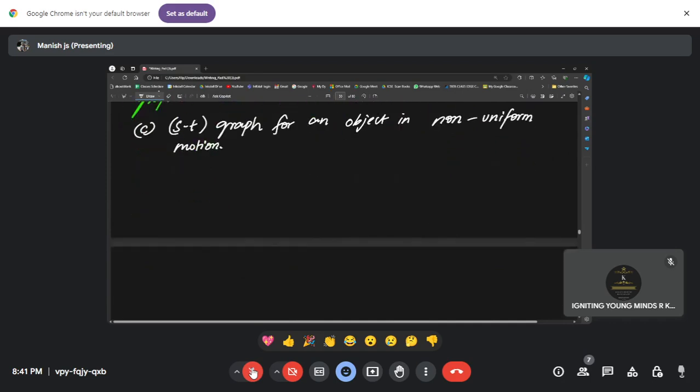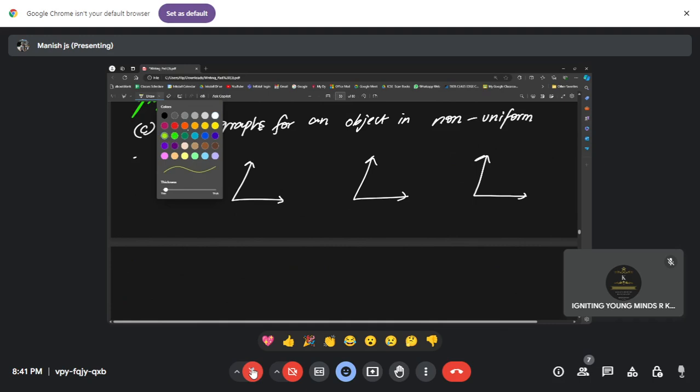So there are different aspects for this graph. We look at the graphs. It can be of two, three types. First one is like this. Second one can be like this also.